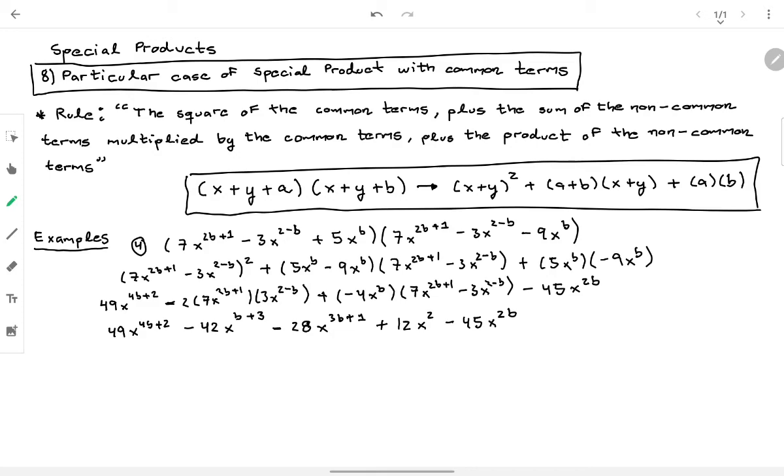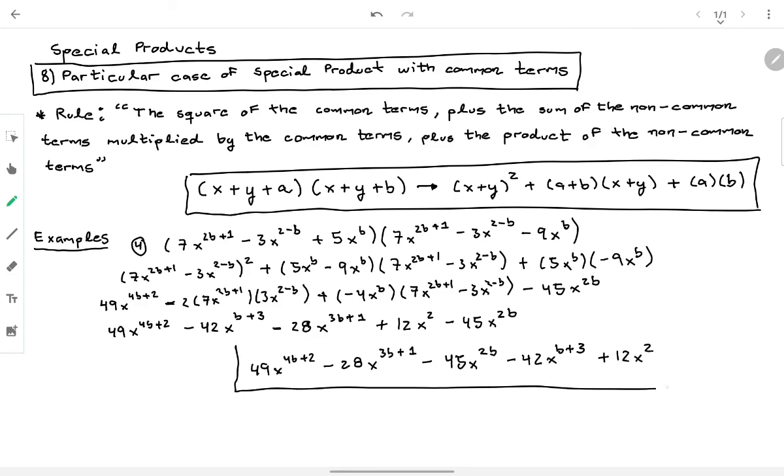So we need to put it in the correct order, and it's going to be 49x to the 4b plus 2 minus 28x to the 3b plus 1 minus 45x to the 2b. Then it's going to be minus 42x to the b plus 3, and finally plus 12x squared. And this is going to be our final and ordered answer.